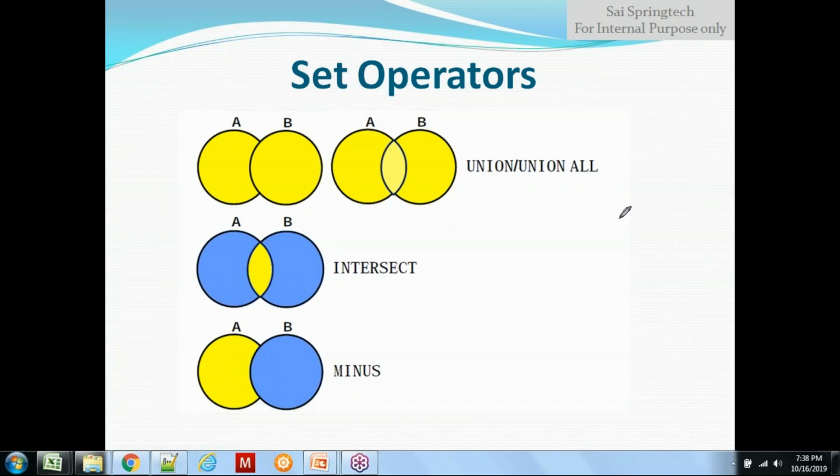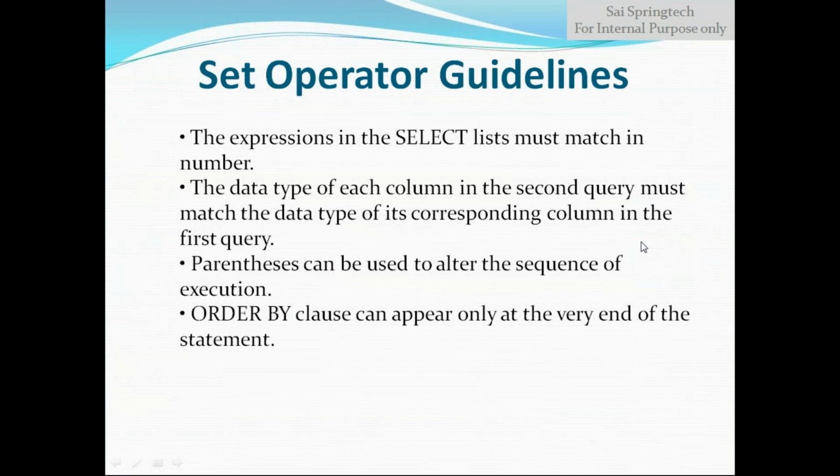Okay, now before we do that, we'll have some guidelines. So we'll see what the guidelines of using them are. The expressions in the select list of the queries must match in number and data type.